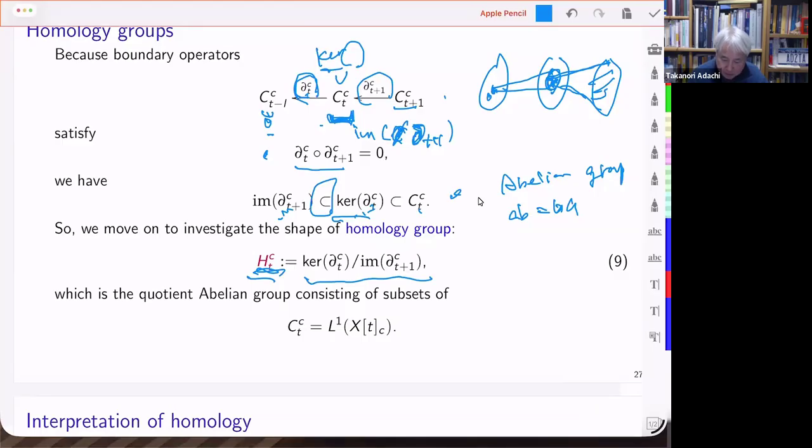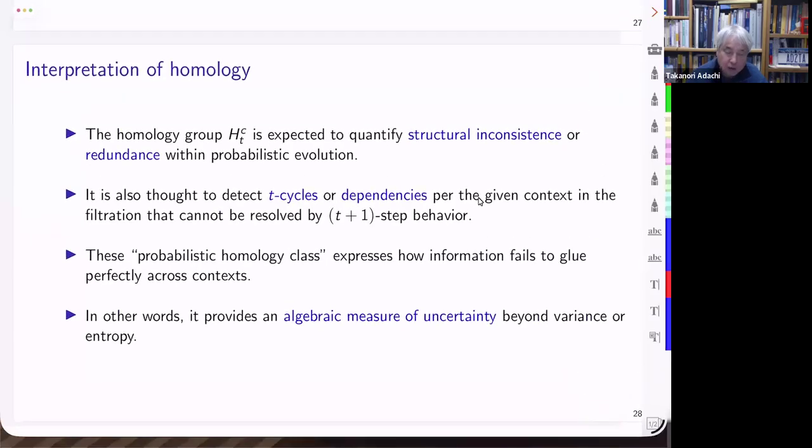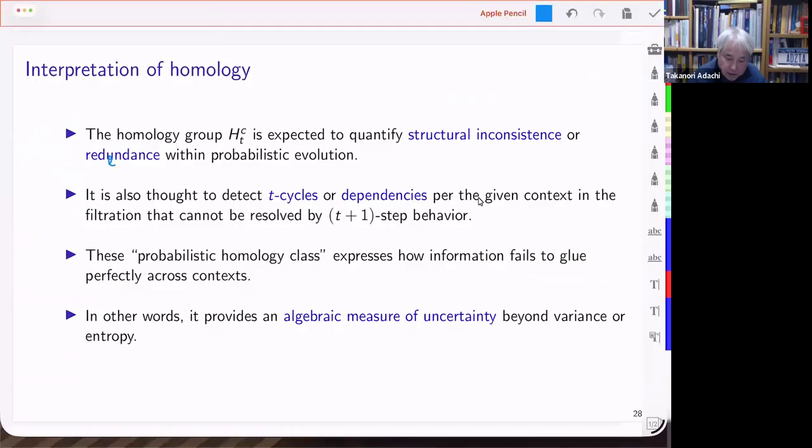Okay. All right. So now we use this homology. How to use this? We have the plan. This homology group H_t is expected to quantify structural inconsistency or redundancy, redundancy within the probabilistic evolutions. It is also meant to detect t-cycles. I need to explain t-cycles, but they go to 0.